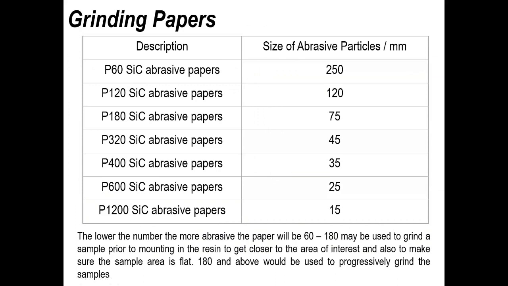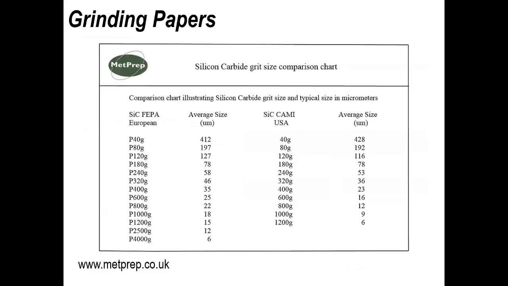So this graph just illustrates some of the numbers that I was talking about. And this is the silicon carbide on the paper. As you see here, the numbers represent a degree of aggression, how much material is being taken off. Again, different suppliers use different graphs to illustrate this particular example.